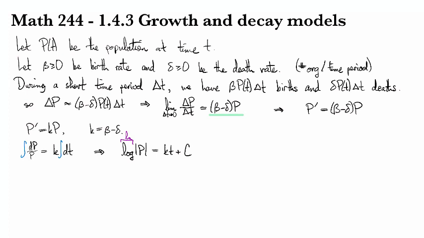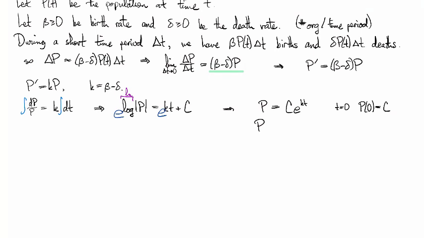Then I will exponentiate both sides, and this gets me P is equal to C e to the kt. If I evaluate this at t equals 0, then I get P of 0 is equal to C times e to the 0. So I can write that P is my initial population times e to the kt. Okay, so that's the derivation and solution of the standard exponential population model.